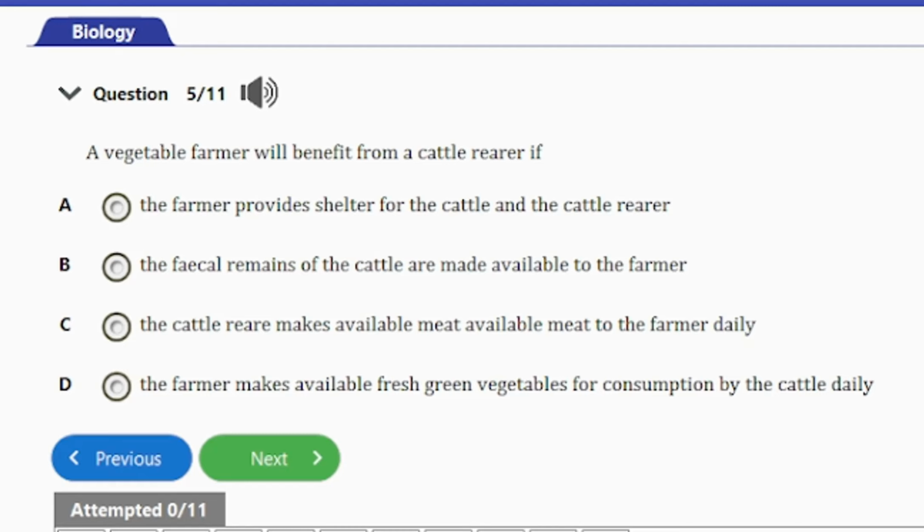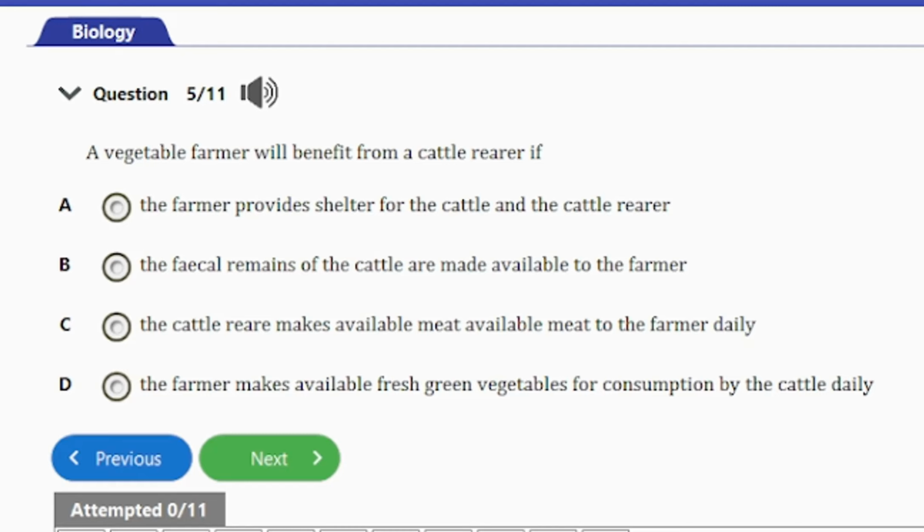Question number 5 here. It says, a vegetable farmer will benefit from a cattle rearer if A. the farmer provides shelter for the cattle and cattle rearer, B. the fecal remains of the cattle are made available to the farmer, C. the cattle rearer makes available meat to the farmer daily, D. the farmer makes available fresh green vegetables for consumption by the cattle daily.